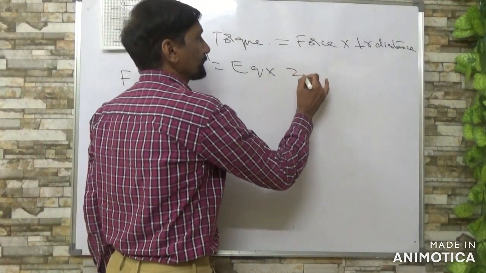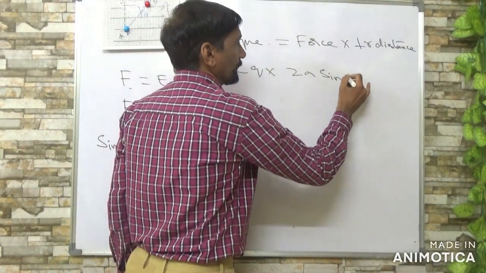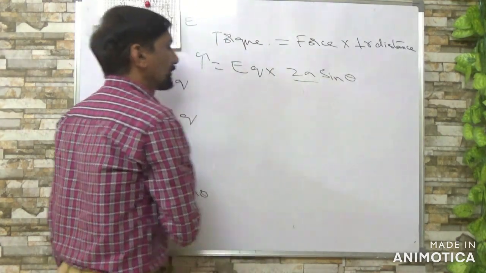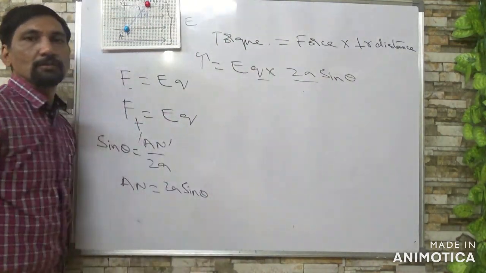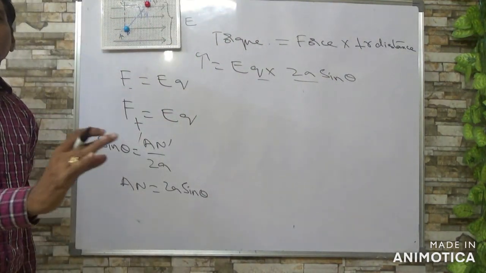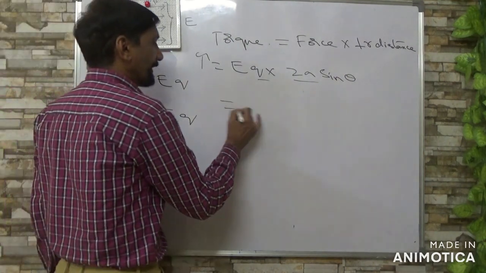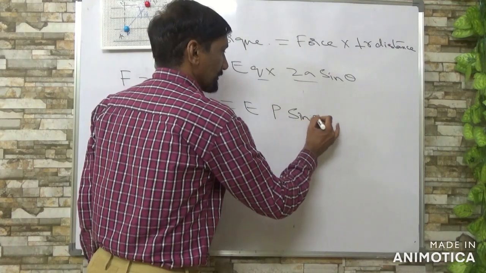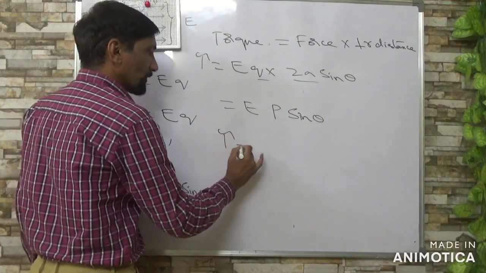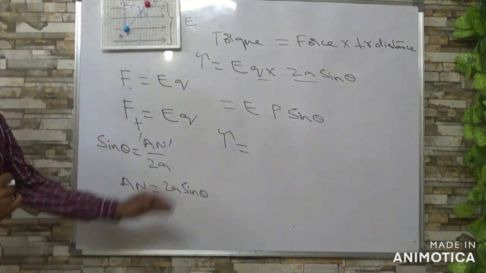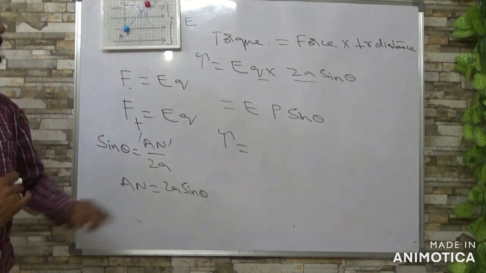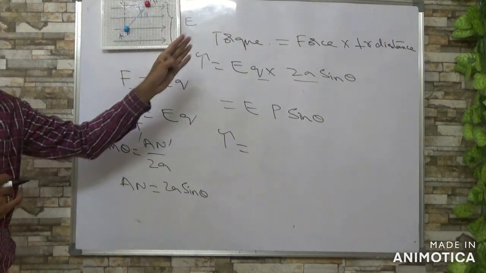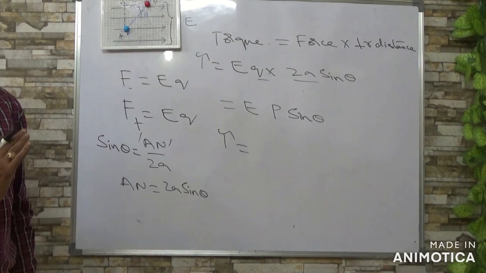Okay. So length into charge gives dipole moment denoted by letter P sine theta. So tau is equal to P E sine theta, where E is strength of the field and P is dipole moment.